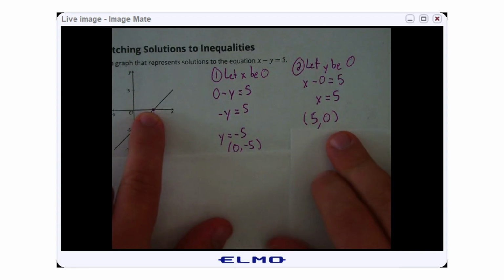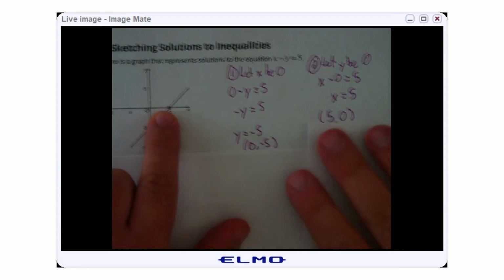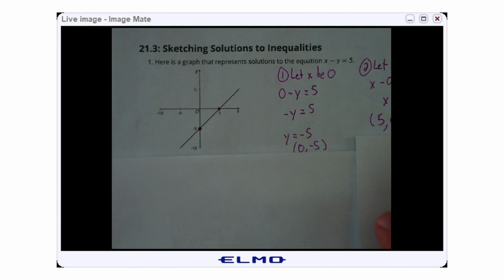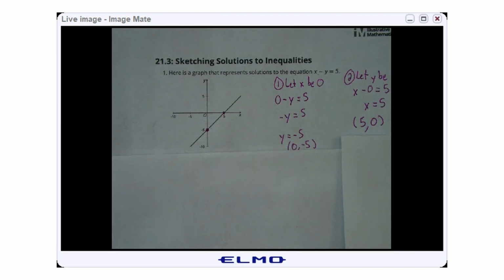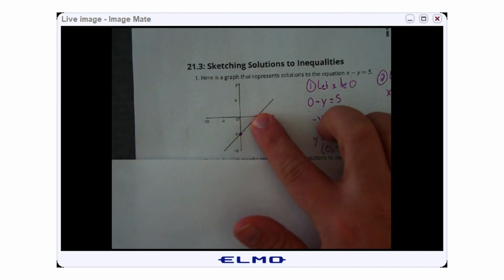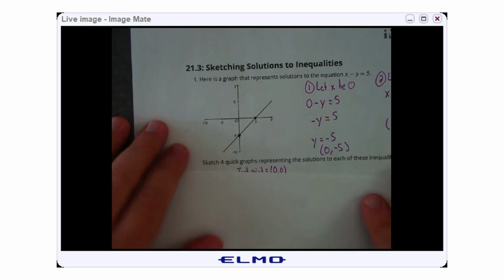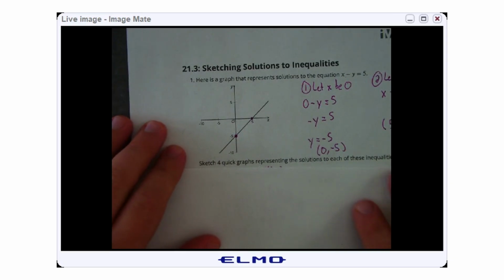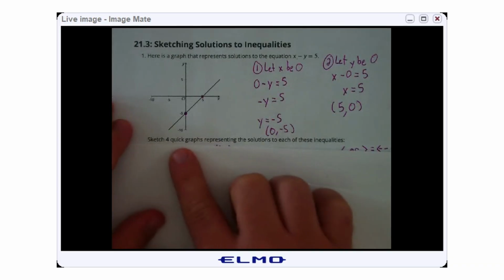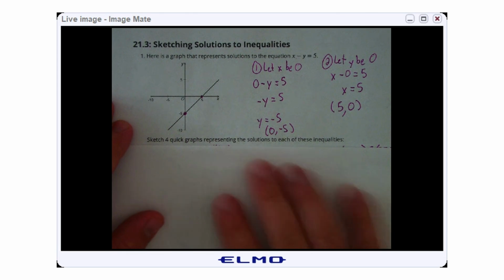If you understand how to do that, it's going to make graphing these inequalities a lot easier, because every single one of these inequalities is going to use the fact that this line exists. It's just going to look a little different each time. The big thing we need to know before we do anything: it says sketch 4 quick graphs representing the solutions to each of these inequalities.